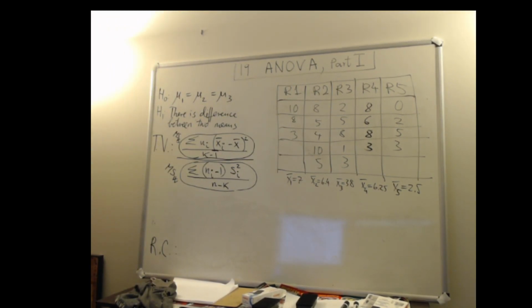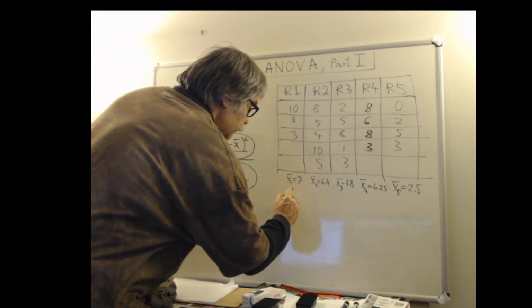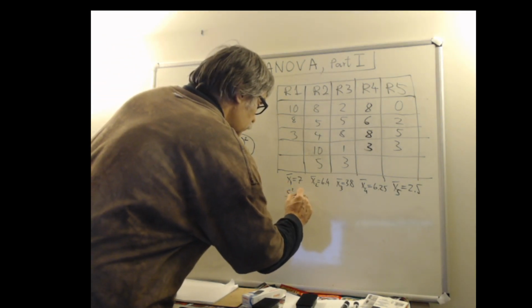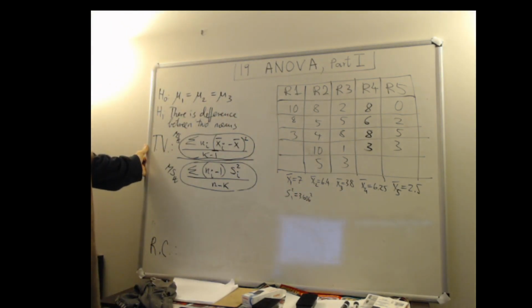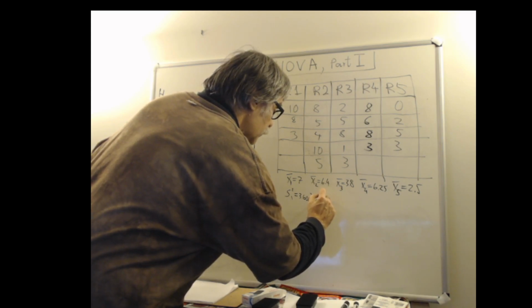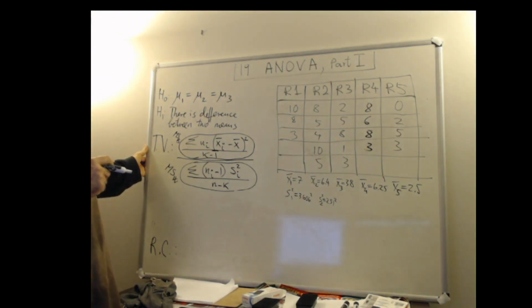And now we have variabilities. We have the variance in the first group. I got that 3.606. I have to square that, that's just a standard deviation. Then I have a standard deviation in the second one, 2.51. And then I have a standard deviation in the third one, 2.775.